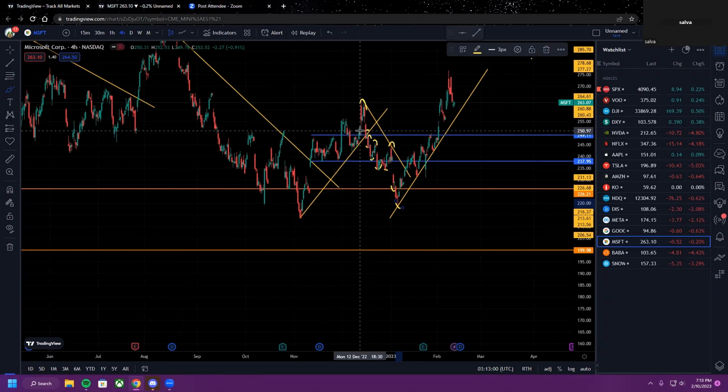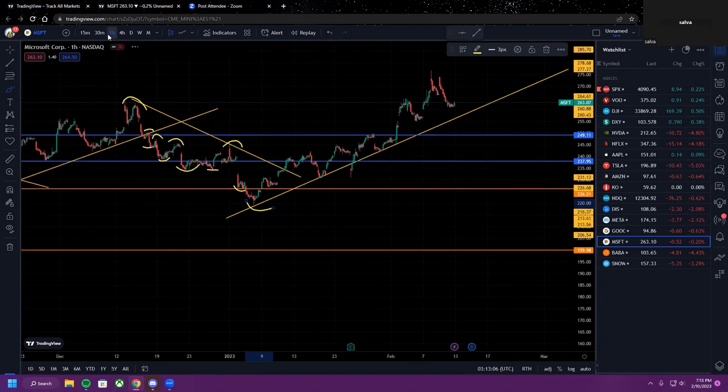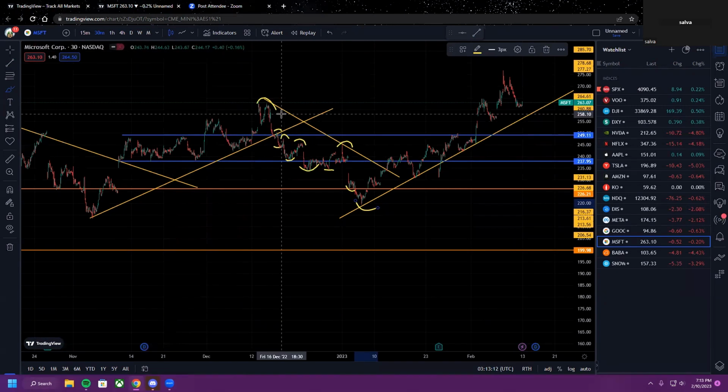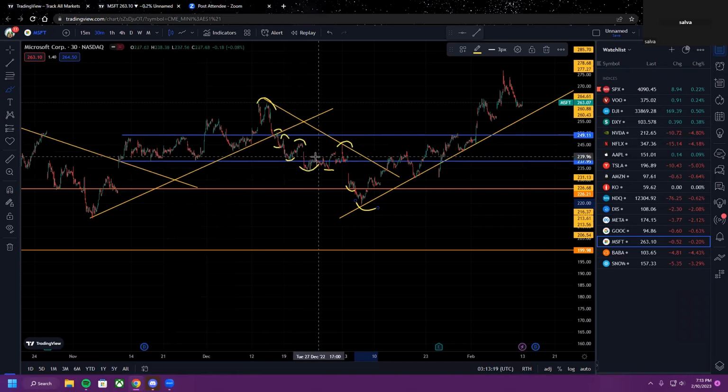Let me zoom in and see what's happening. We had an uptrend, we broke the uptrend right here, and we continuously made lower highs and lower lows. Boom! I found a downtrend on a shorter time frame.